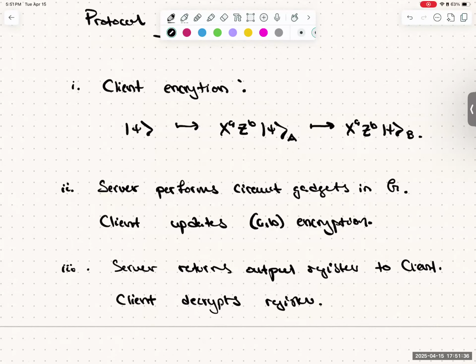And then I will perform these local Pauli rotations according to A and B for each qubit. Oh, okay, so it can be any qubit number. Yeah. Then we can track these A's and B's. What do you mean by the circuit gadgets here?